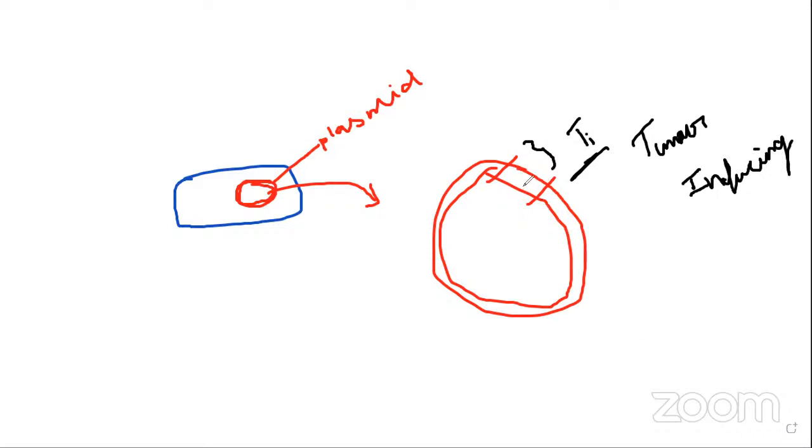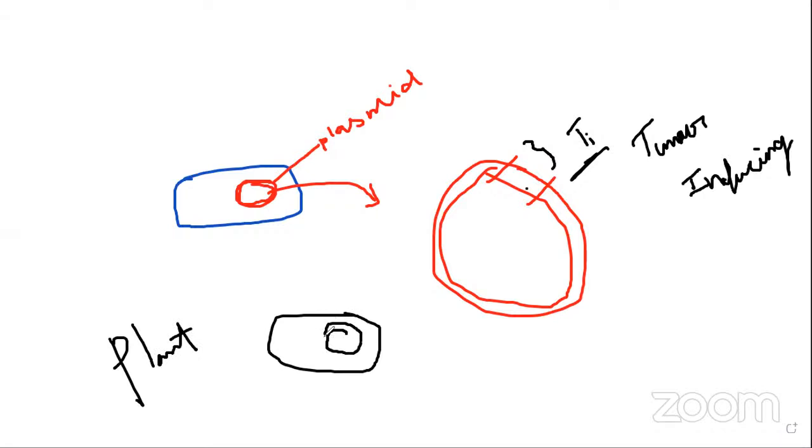What happens when this incorporates with the plant DNA? This is a plant cell, and it has this molecule, the TI plasmid, this portion.